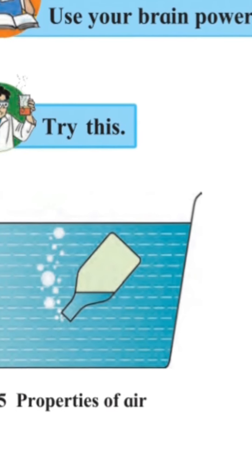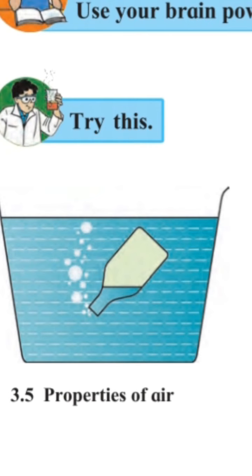You have to take an empty bottle and dip the uncorked inverted empty bottle, the lid should not be there, in a slanting position into the water in a wide container. We come to know from this activity that air has the property of occupying space.